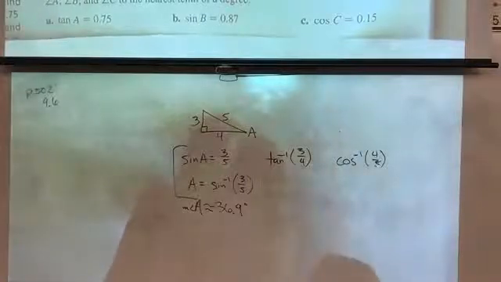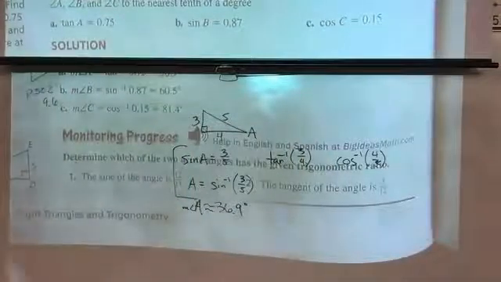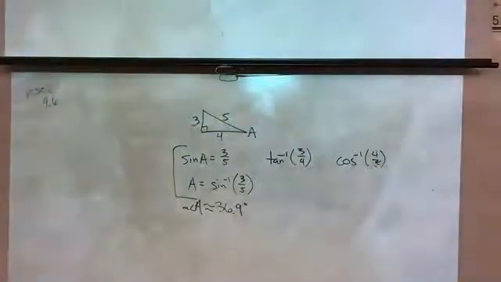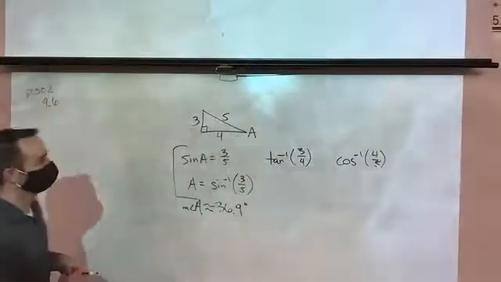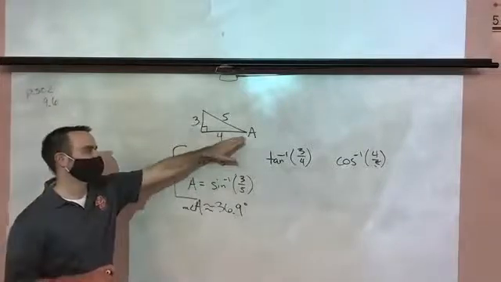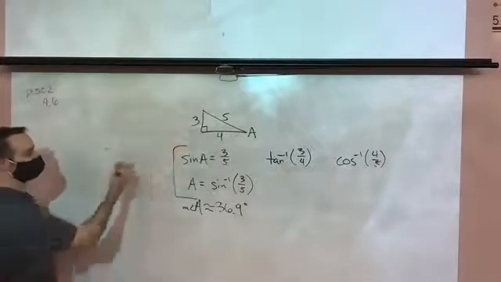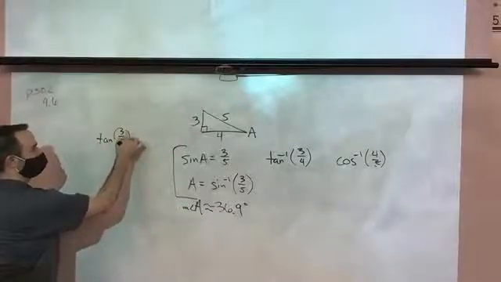The thing that we just gotta be careful of is a lot of times people will forget to do the inverse. Like if we're looking for angle A, I've had a lot of people in the past that instead of inverse tangent, they'll just do tangent of 3/4.